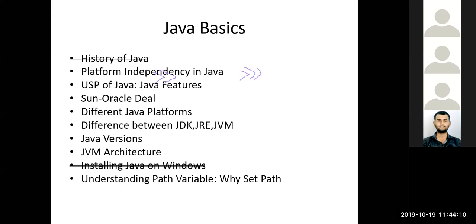But that can only be possible if you have the underlying JVM there. JVM is the Java Virtual Machine, which is required to run a Java program on different machines.